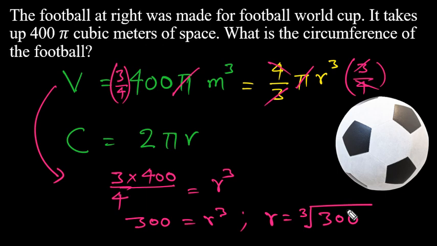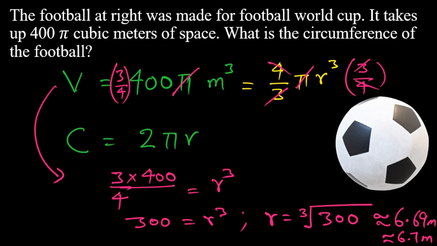So when you have r to the power 3, to solve this you will take third root of 300. So to do that we will have to use calculator obviously. So this will give you approximately 6.69 meter, okay, or you can say approximately 6.7 meter.